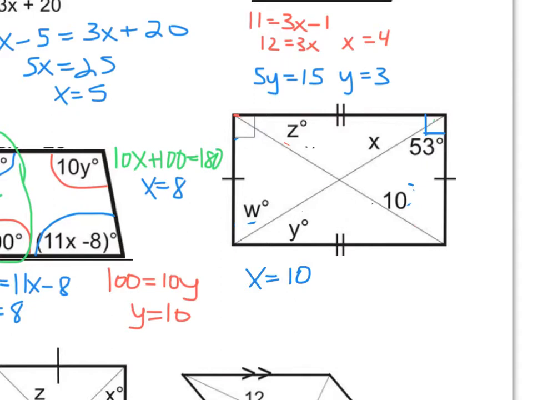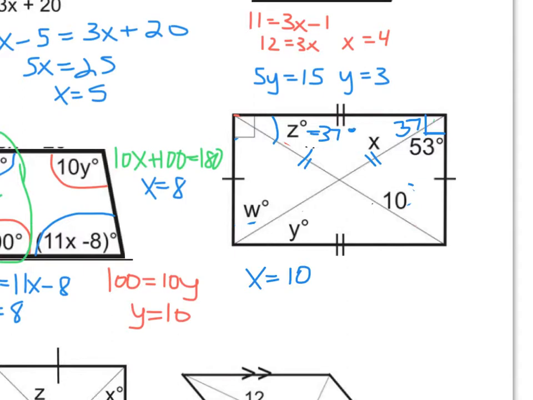So that means if that is 53, then this angle needs to be 37. And then since those little sides were the same, you really just made a little baby isosceles triangle. So that means that z is also 37.